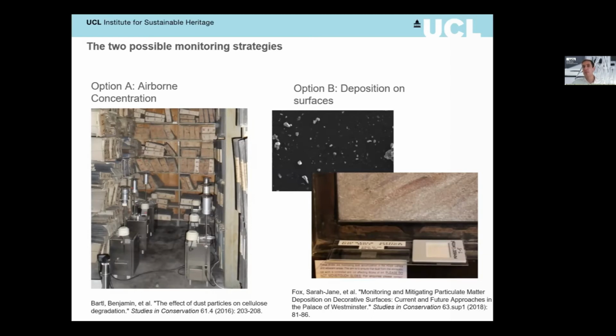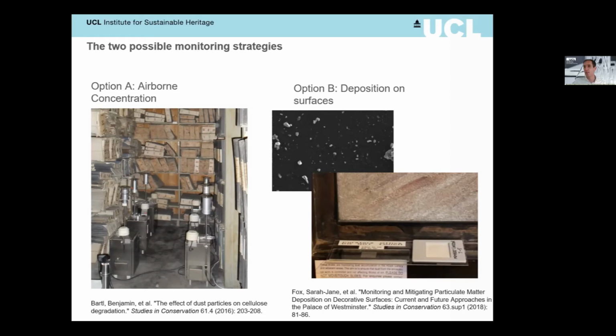Option B is that you look at the dust that has already deposited on surfaces, that you place some small surface that you know was clean at the beginning, and you let dust accumulate for some time. These are the main two approaches.